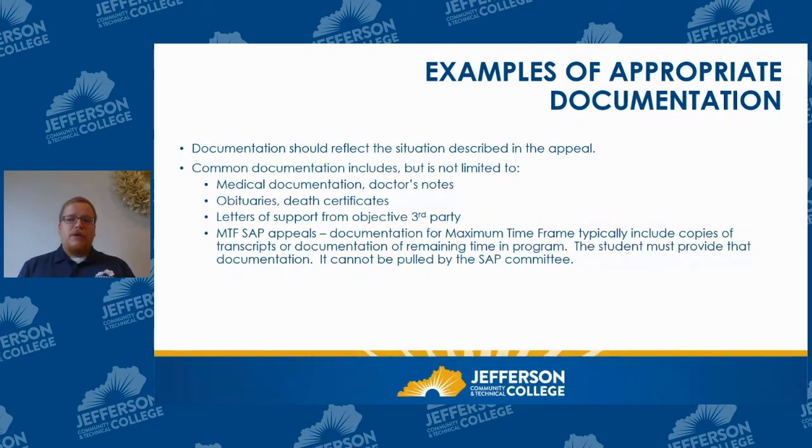Maximum timeframe SAP appeals typically include copies of transcripts or other documentation showing the remaining time in the program. You must provide that documentation to us, as it cannot be pulled by the SAP committee.